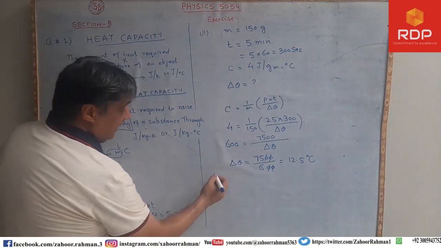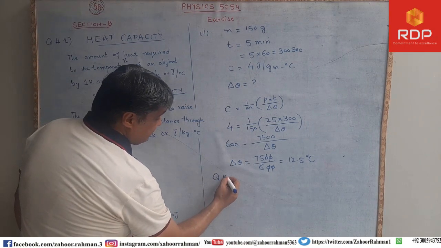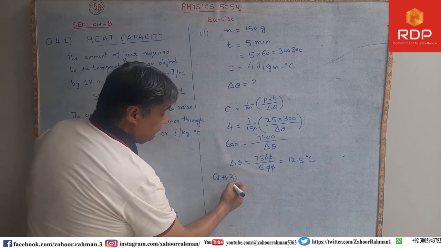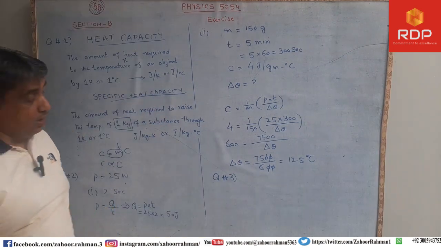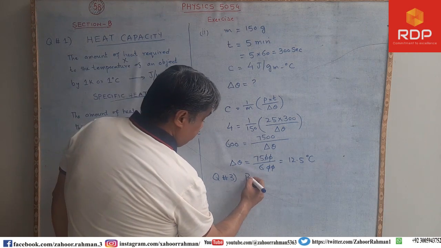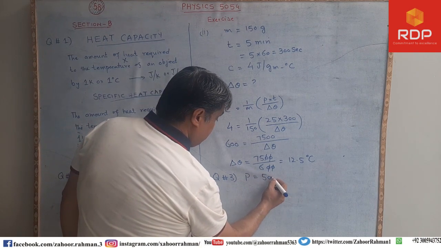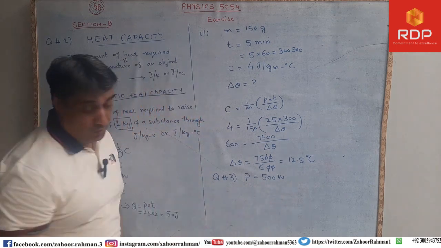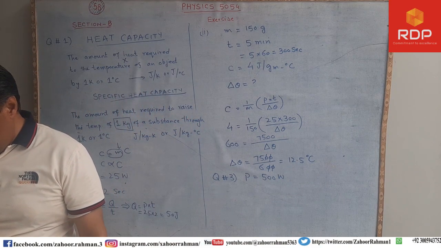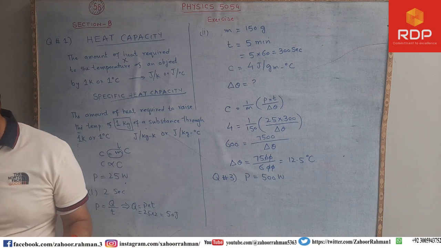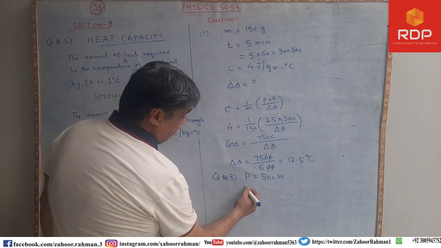Now we are turning our focus to question number 3. Question number 3 is saying a 500 watt heater, P is equal to 500 watt, is totally immersed into a huge block of mass 10 kilogram.